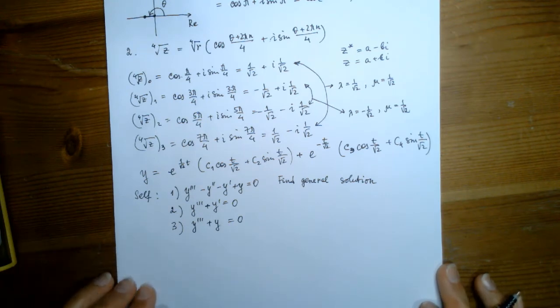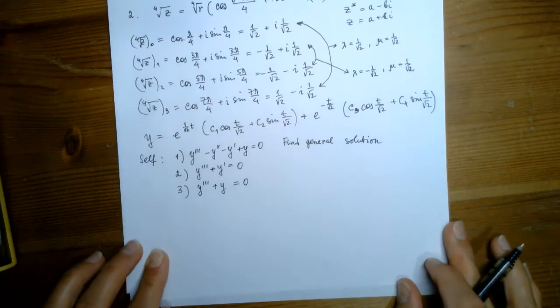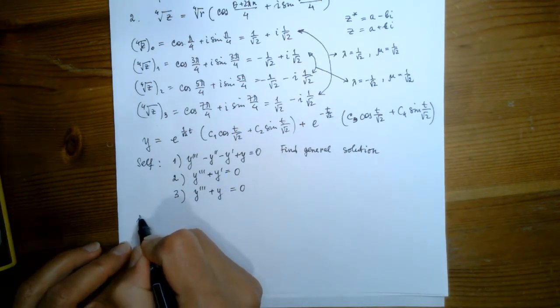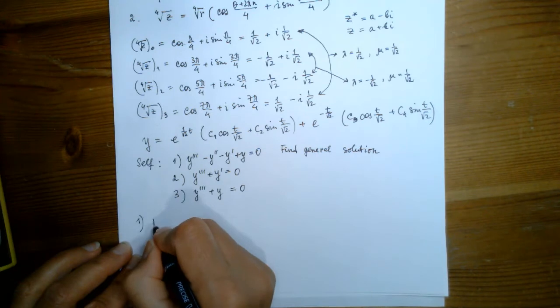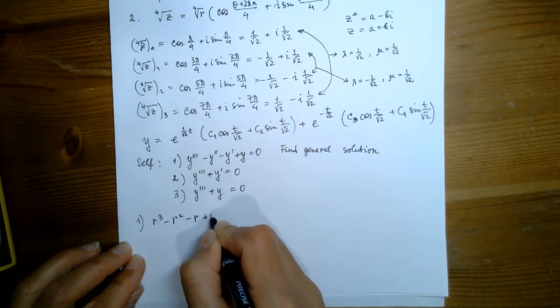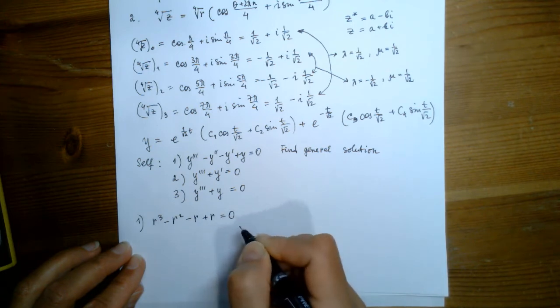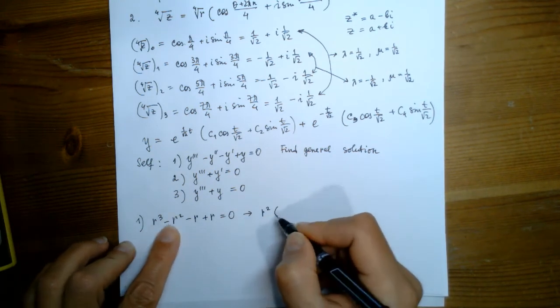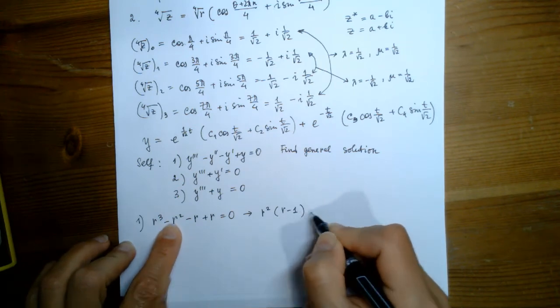So 1, 2, 3. Let me push it all a bit up, and I'm going to start with problem 1. So the characteristic equation for problem 1: r cubed minus r squared minus r plus 1 equals 0. I want to take r squared outside of the first pair and get r minus 1.